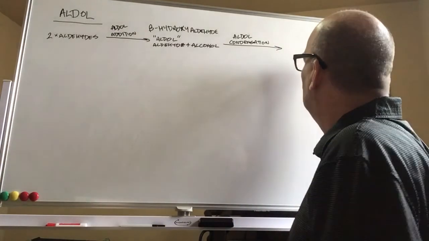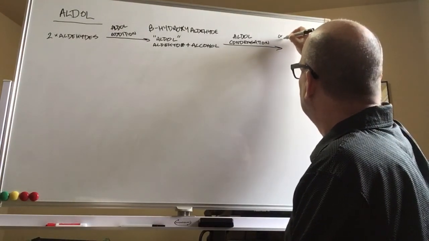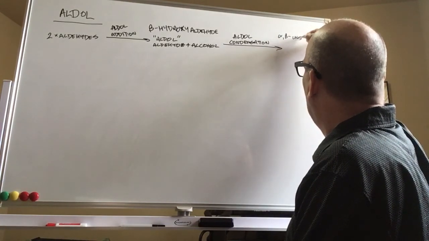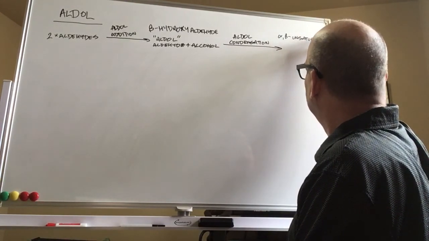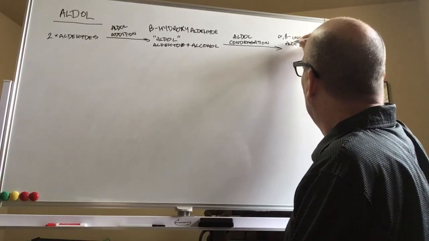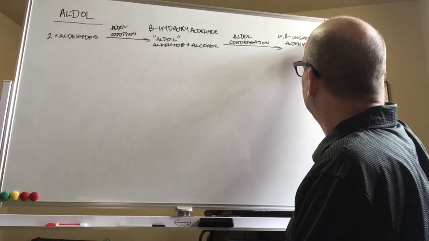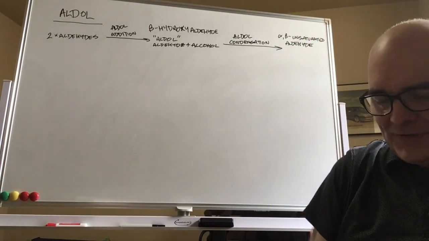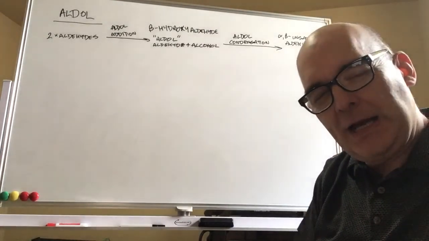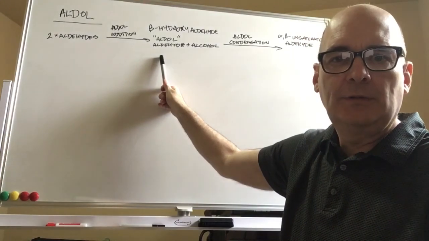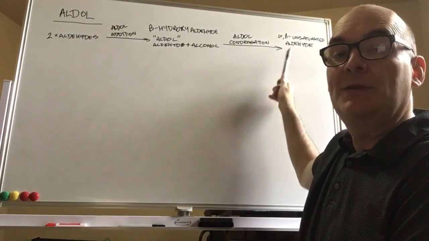And what an aldol condensation makes is something called an alpha beta unsaturated aldehyde. And it's pretty unlikely that you do the first reaction without also doing the second reaction.